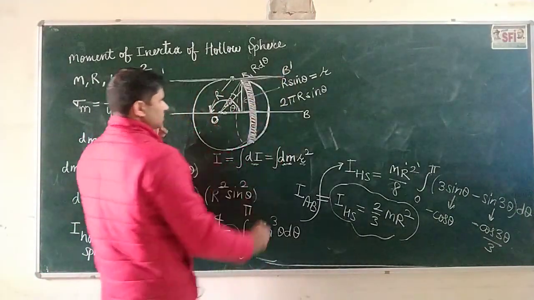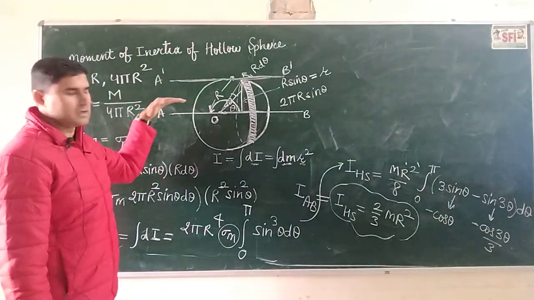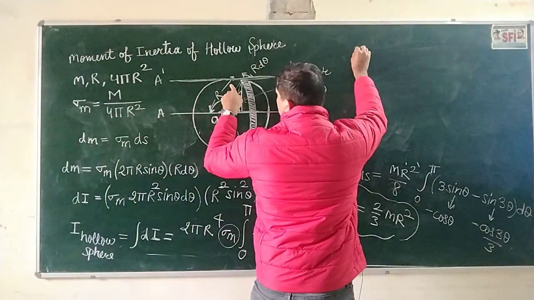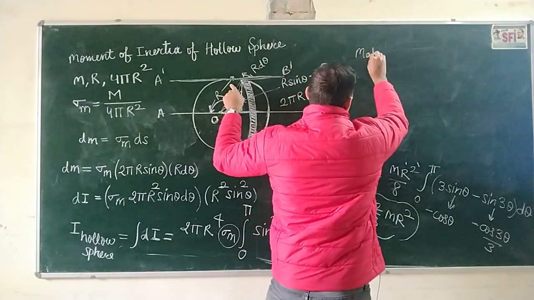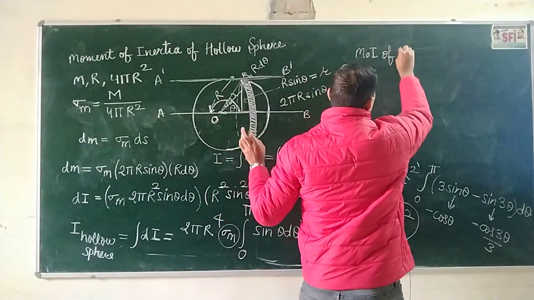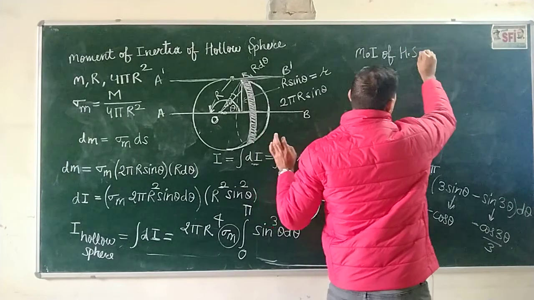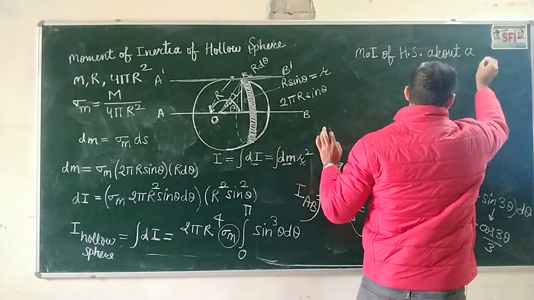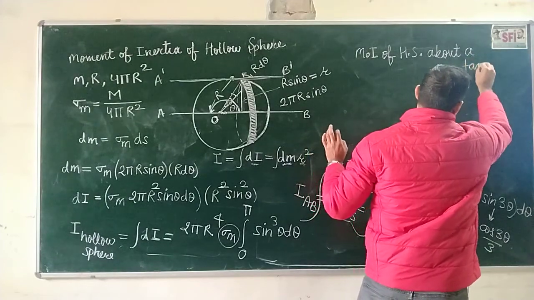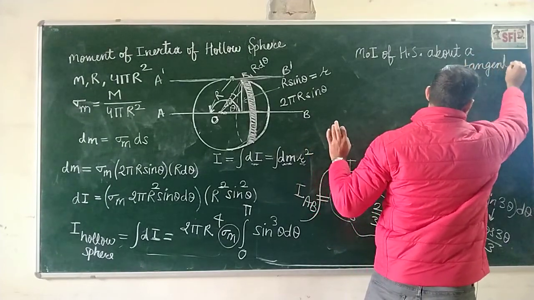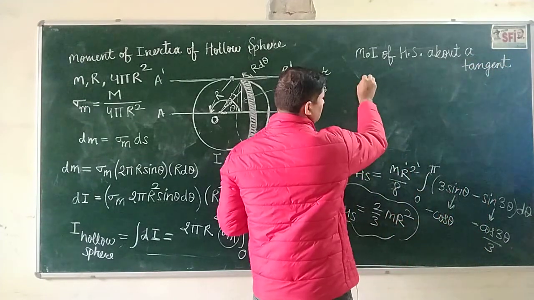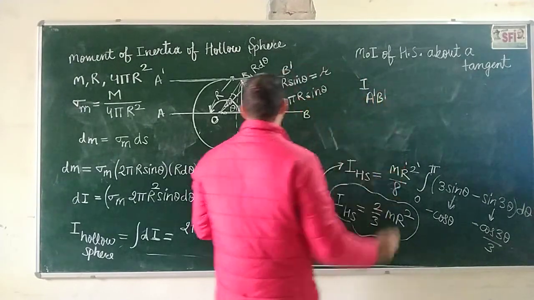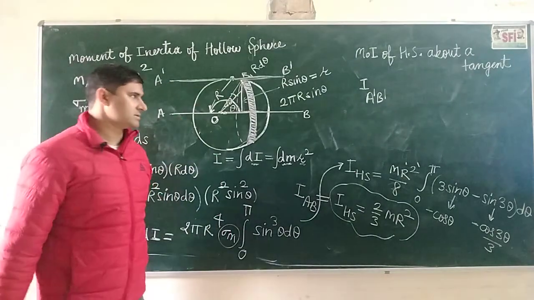So this axis is passing along a tangent, and the moment of inertia of hollow sphere about a tangent will be equal to, A dash B dash is the tangent.